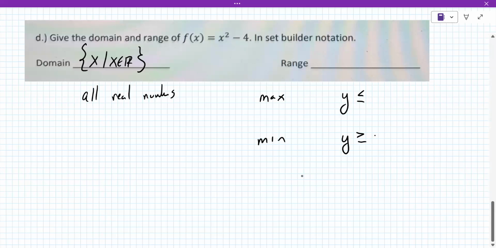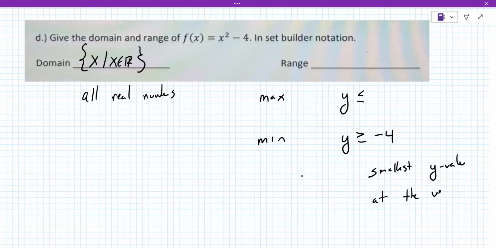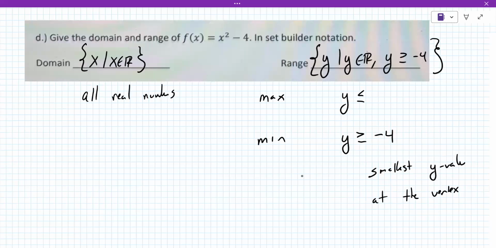So it's y greater than or equal to -4 because that is the smallest y value. The smallest y value occurs at the vertex. So in this case, it's y such that y is an element of the real numbers, comma, y greater than or equal to -4. And then you put the curly braces around it.